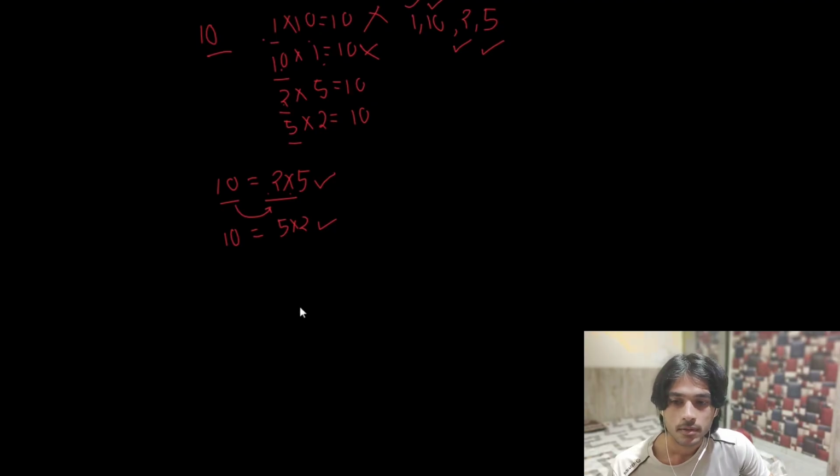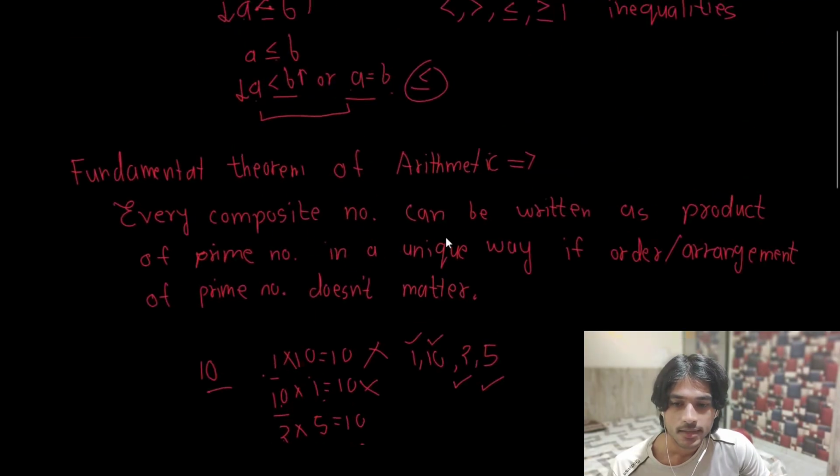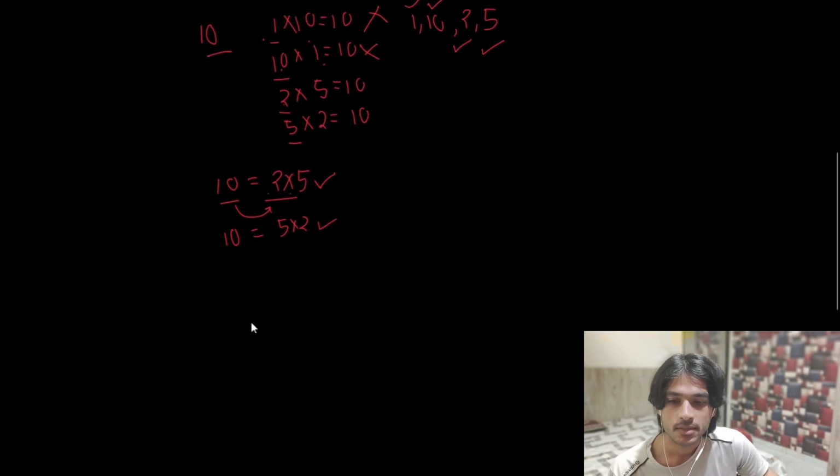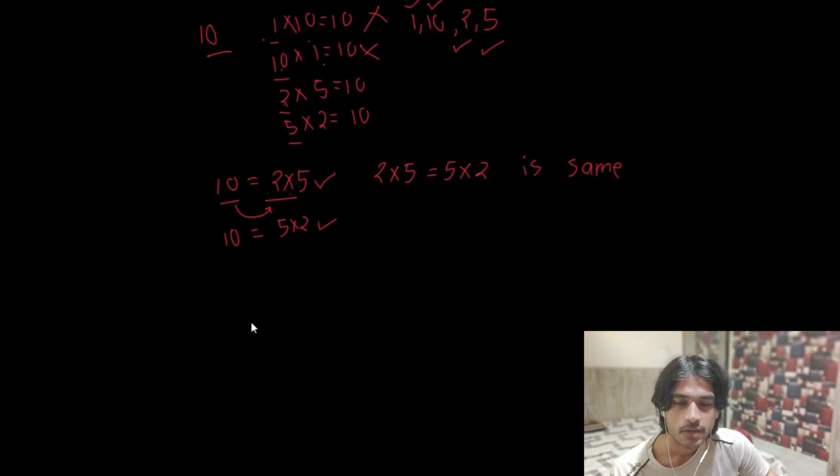So when I say that it can be written as a product of prime numbers in a unique way, this will hold only if the order or arrangement of prime numbers doesn't matter. That means that writing 2 multiplied by 5 or 5 multiplied by 2 is the same.